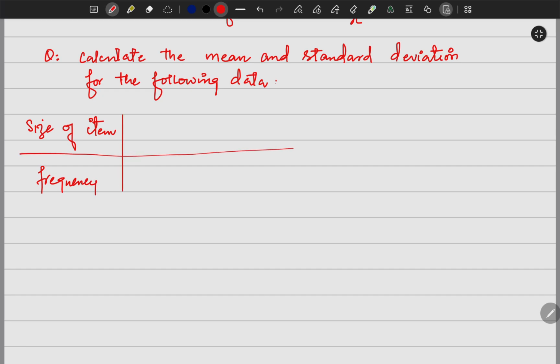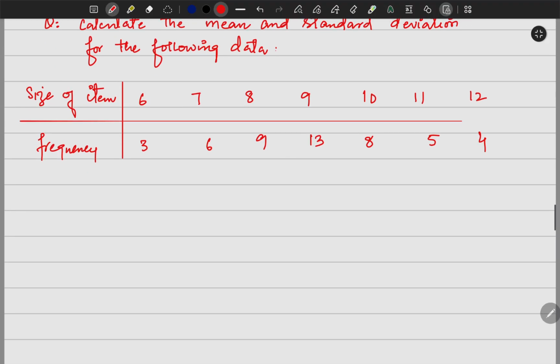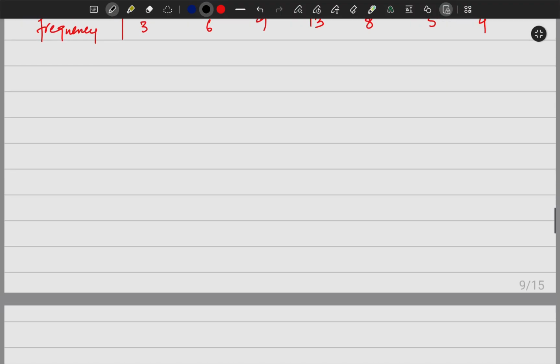So let's say we have 6, 7, 8, 9, 10, 11 and 12. The corresponding frequencies are 3, 6, 9, 13, 8, 5 and 4. So we have to find the mean and the standard deviation. For this, we assume our mean, let's say a, is equal to 9.